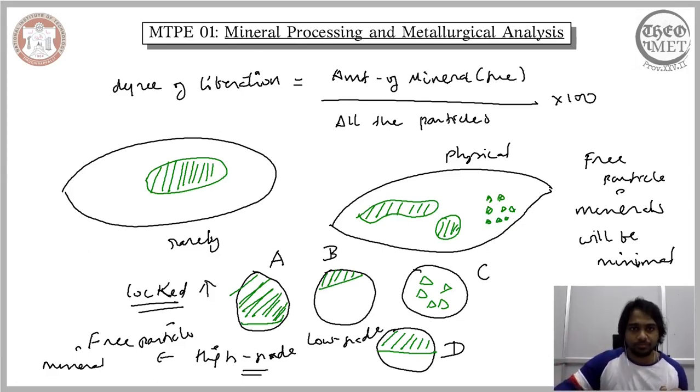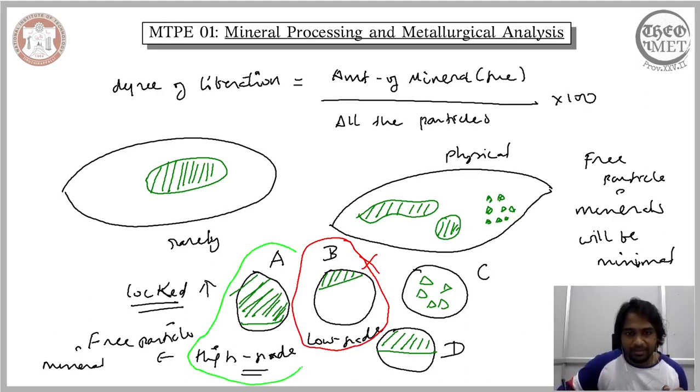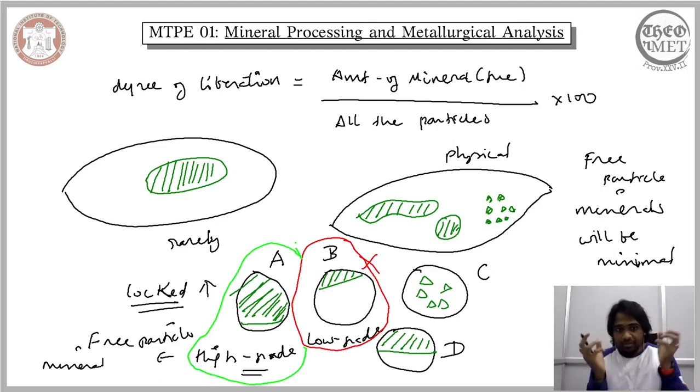So, even though this comprises a portion of the mineral particle, type B will be discarded. In the same way, even though this has a small amount of gangue associated with it, it will be treated as a free particle with exclusively mineral composition and moved on to the next stage.